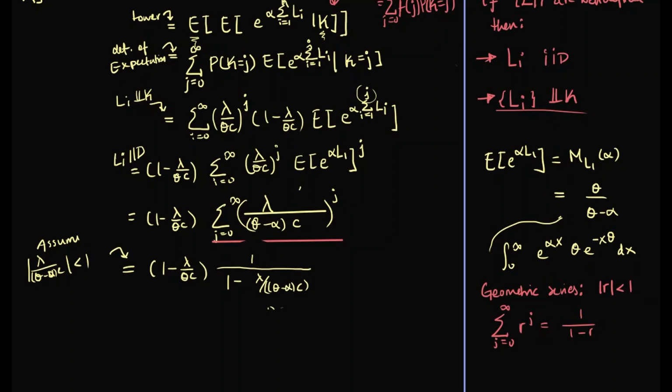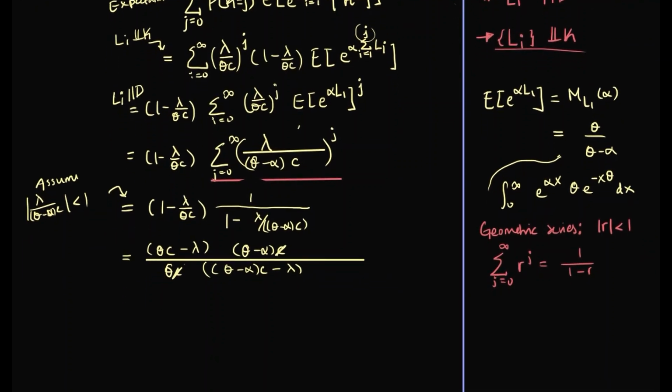We may rewrite that if we consider the first fraction: that is the same as theta c minus lambda, divided as a whole by theta c. I've gone ahead and done some of the calculations here already. Basically, you put this inside the same fraction, and you notice that the denominator theta minus alpha c can be used in the 1 as well, and then you flip the fraction, and you get what I get here.